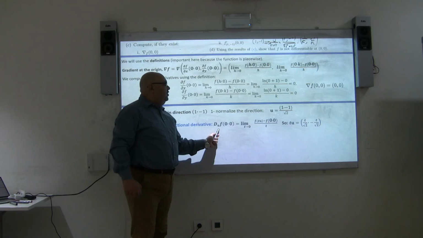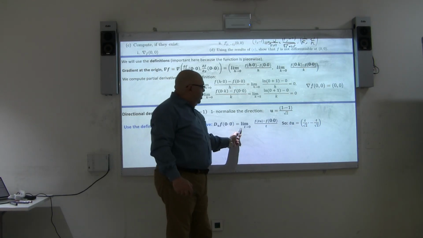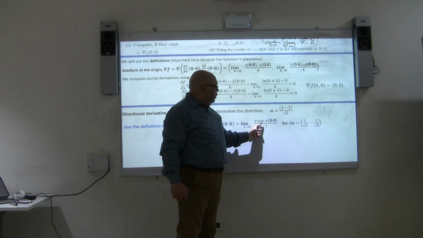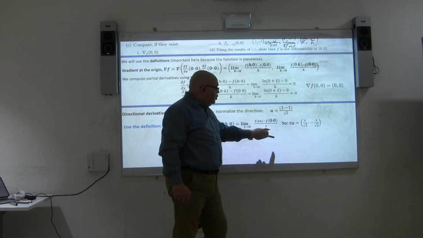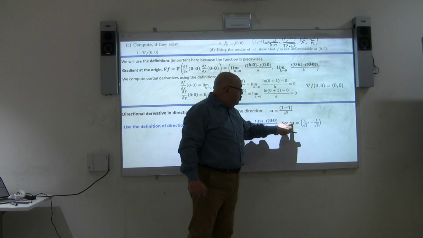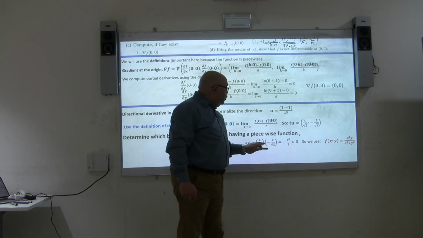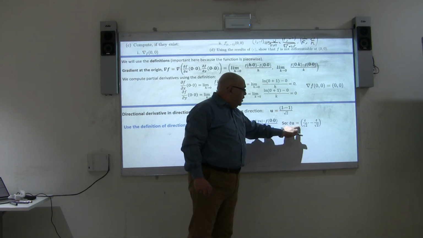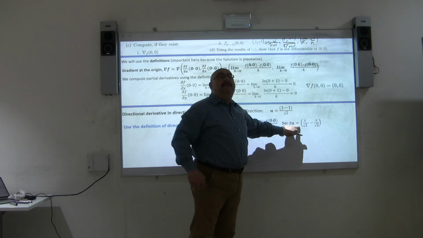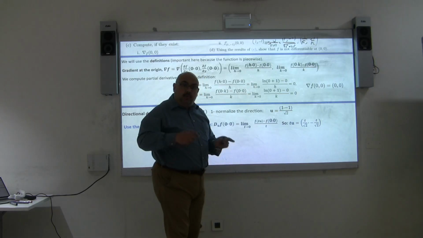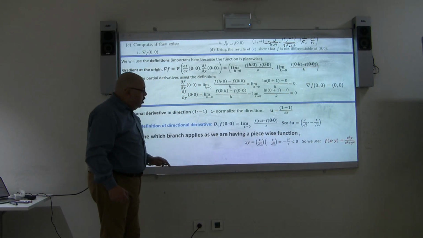Then I will use the definition, which is the limit as t goes to 0 of f(tu) minus f(0, 0) over t. Once you substitute tu, which is (t over root 2, -t over root 2), I will use the branch which contains 2xy divided by x squared plus y squared.